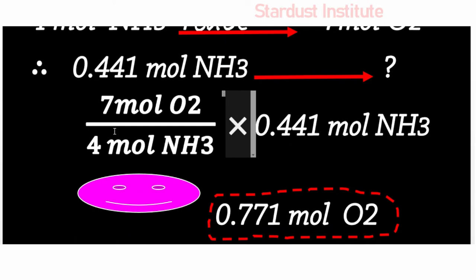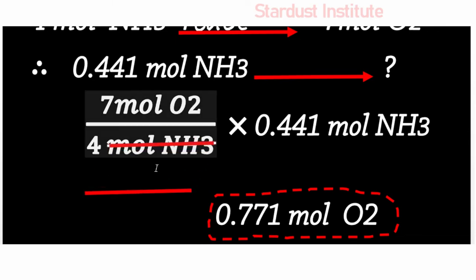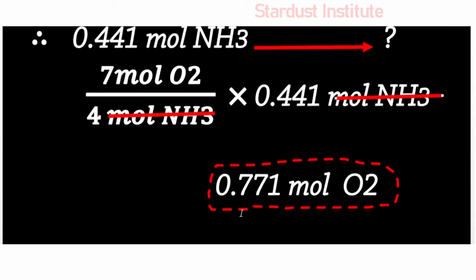This way we can cancel out mole ammonia, then we get 0.771 moles of O2.